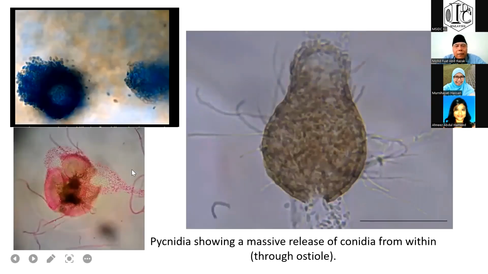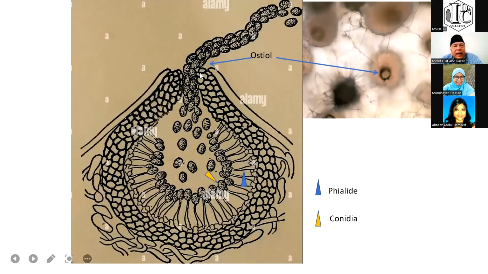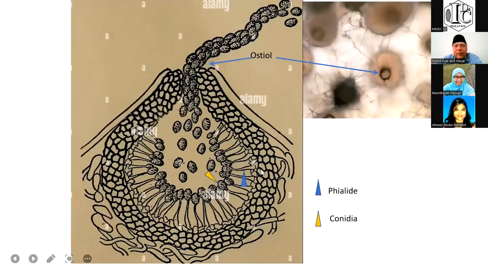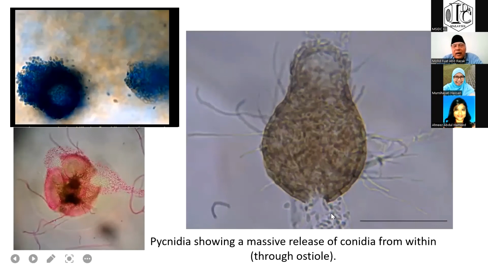So one type of fruiting body is called pycnidia. Pycnidia. Okay, pycnidia has an opening. We call it an ostiole. Inside are the hyphae and phialides. So these phialides produce conidia, and these conidia will be released when the pycnidia mature. Okay, pycnidia mature.